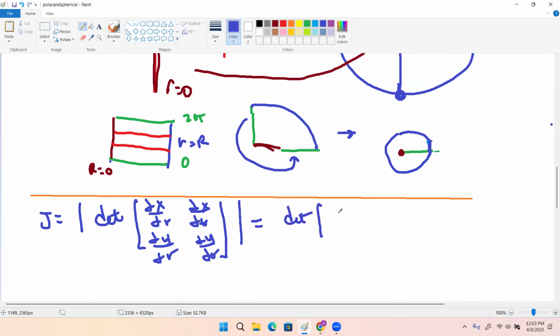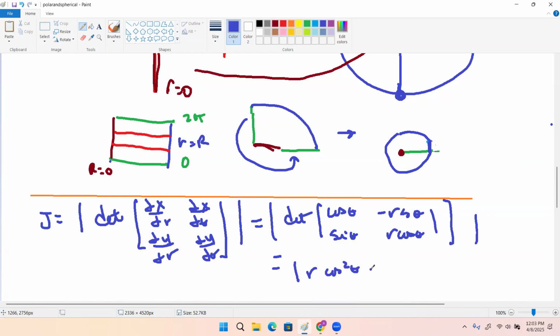And since x is r cosine theta, it's cosine theta, minus r sine theta, sine theta, or cosine theta. And you're going to take the absolute value of this determinant. So you cross multiply. And that works out to be absolute r, which is r.